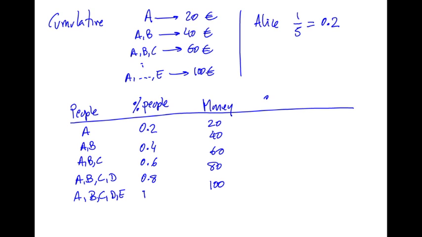And the same thing with the percentage of money. Here is easy because the total amount being 100 euros, 20 over 100 is 0.2, 0.4, 0.6, 0.8, and 1. As you can see, the figures in this column are identical to the figures in this column.